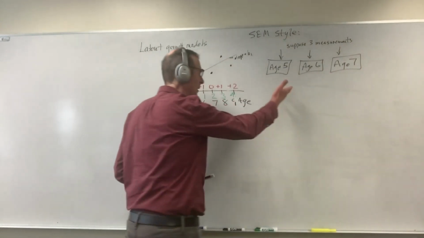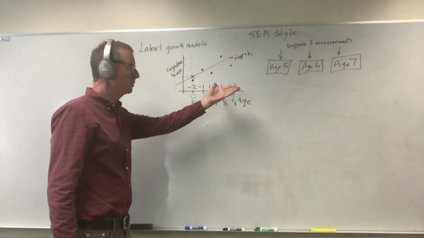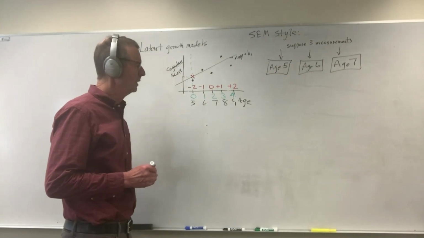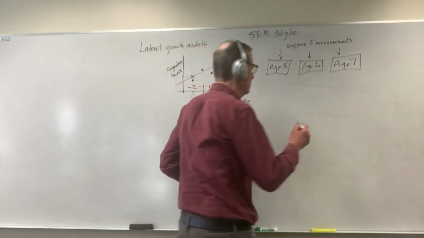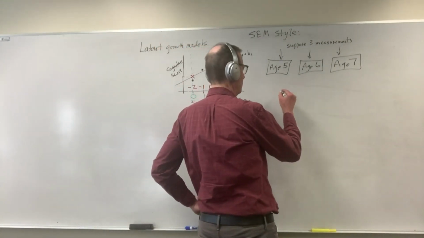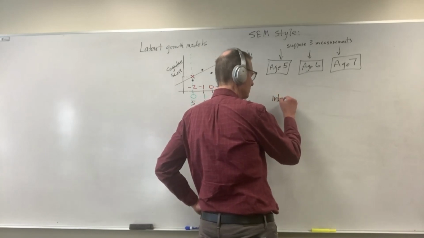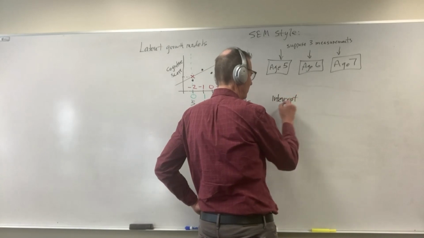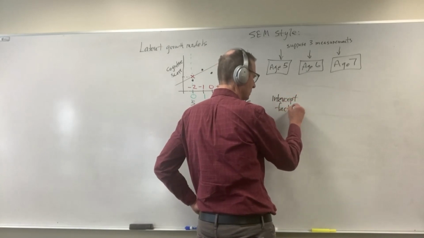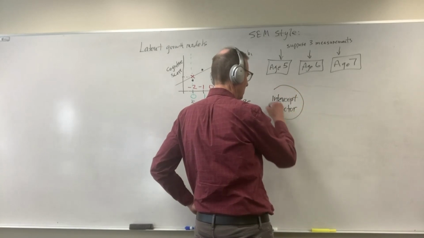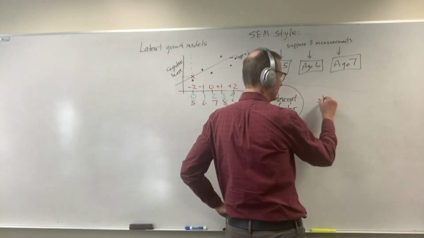And here, just to make it a little bit easier, instead of 5 observations, let's suppose we've got 3 observations. And the trick here is to think of an intercept factor and a slope factor.